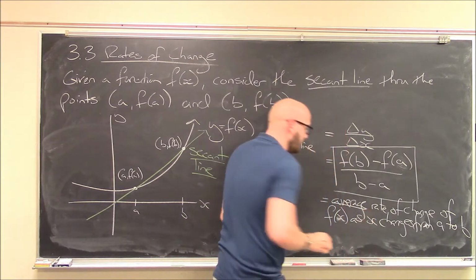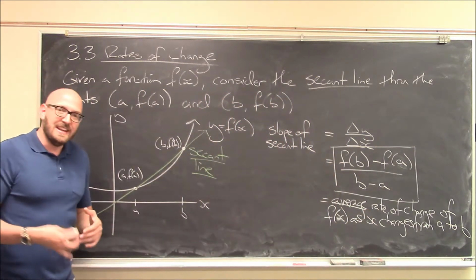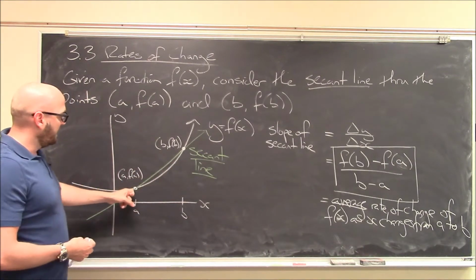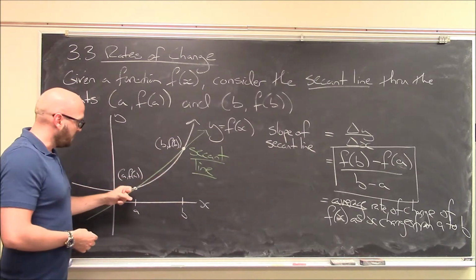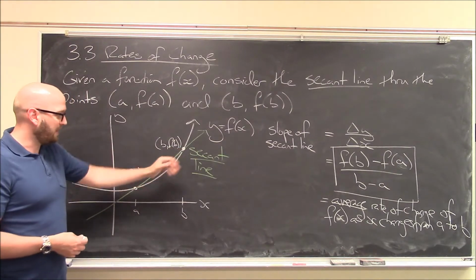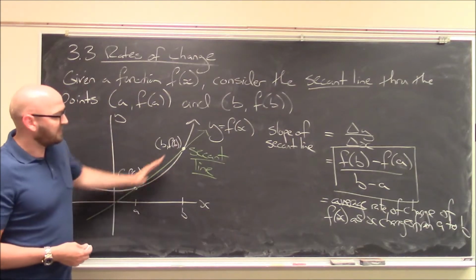That is the average rate of change. We will soon ask questions about the instantaneous rate of change at various points, but for now we're just looking at it as x changed from a to b, my function values change from f of a to f of b. What's the average change as we moved along this interval from a to b? Well, the average is the slope of that secant line.